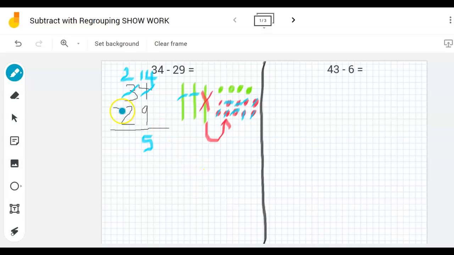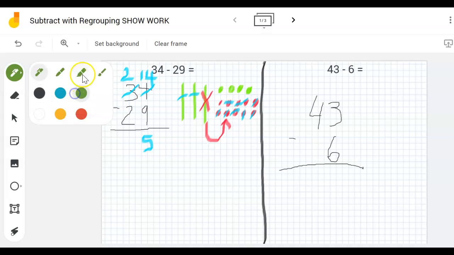So let's practice one more together. All right, let me get my pen back. So 43 minus 6. 43 minus 6. So first step, we're going to draw it vertically on top of each other. Then we're going to draw our model.